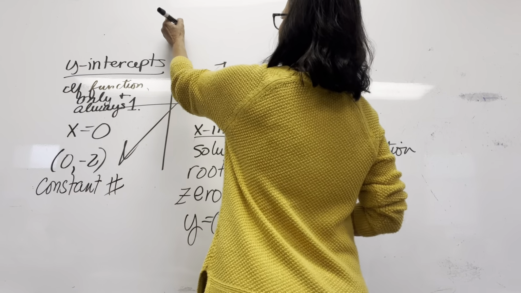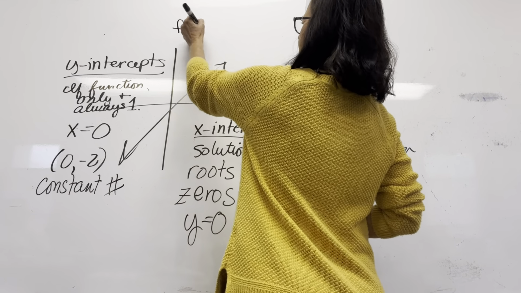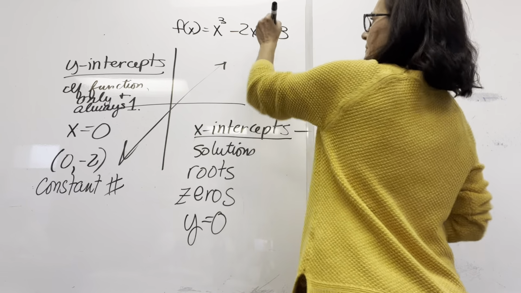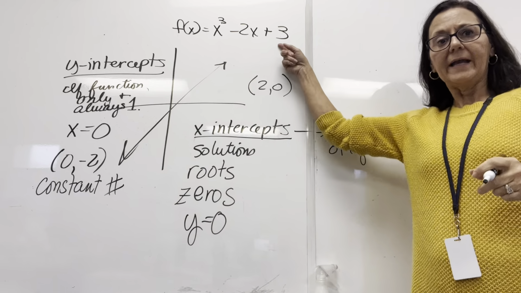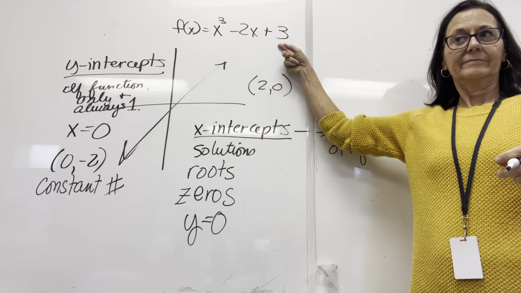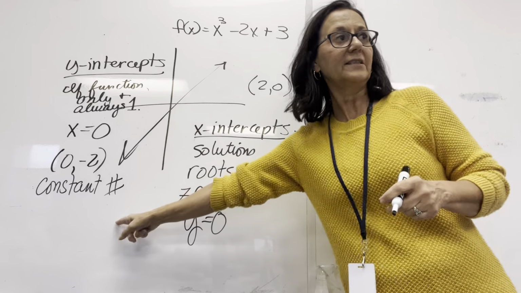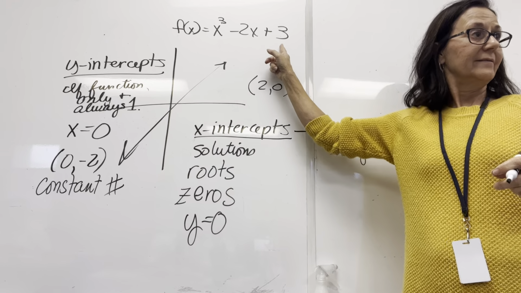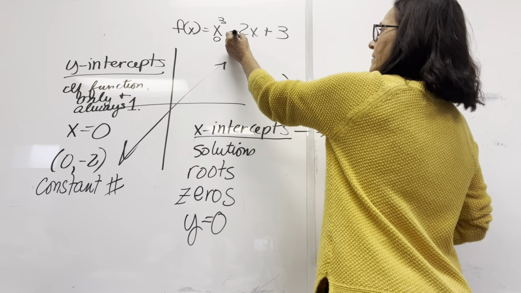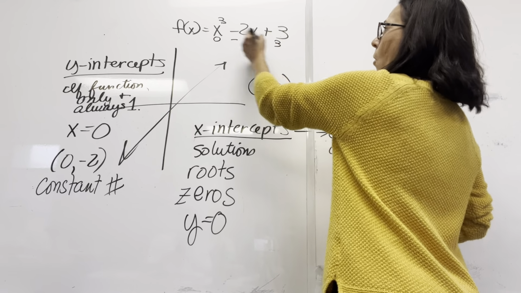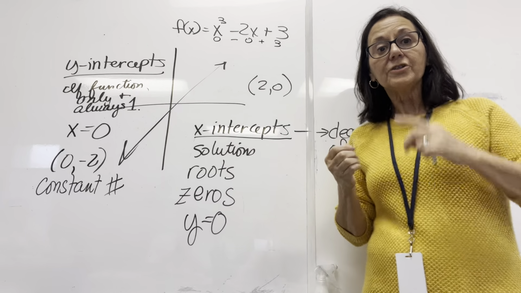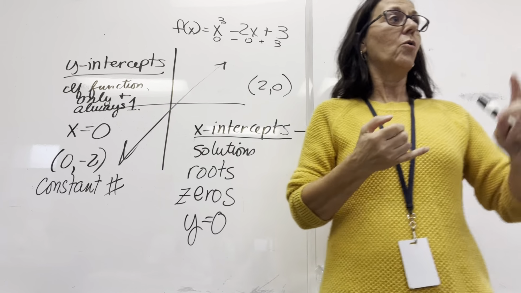So if I gave you an equation, a function, what is the y-intercept of this function? It's the constant. Yeah, 3. It's 3, because when x is 0, that term's 0, that term's 0, y is 3. It's always your constant, and there's always only one.